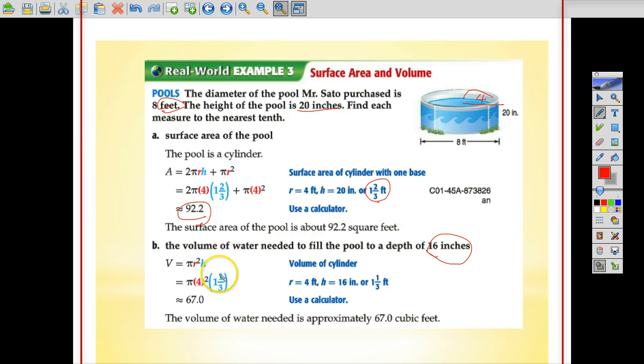You need a volume up to 16 inches. So 16 inches is 1 and 1/3 feet. That's why I put 1 and 1/3 and not 1 and 2/3 this time, because we're only going up to 16 inches. Okay, and that converted into feet is 1 and 1/3. When you put all this in the calculator, you get 67 approximately. So the two waves right there mean about. Okay, not exact, but about.